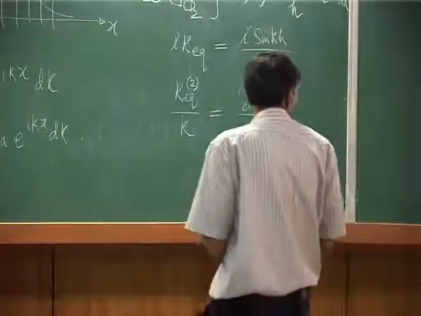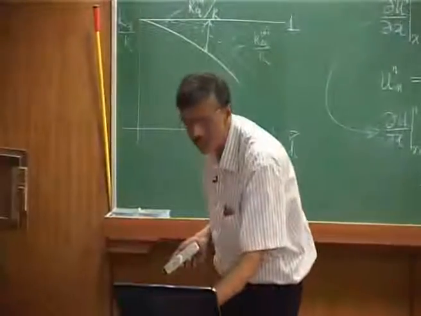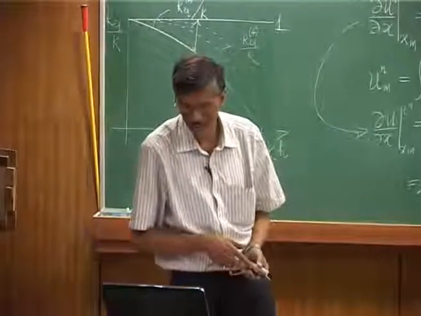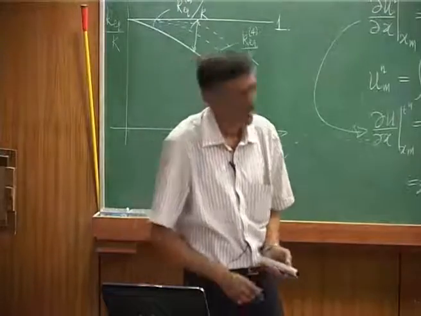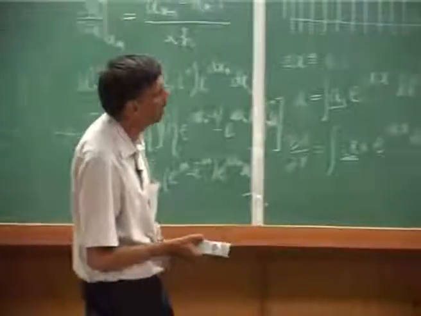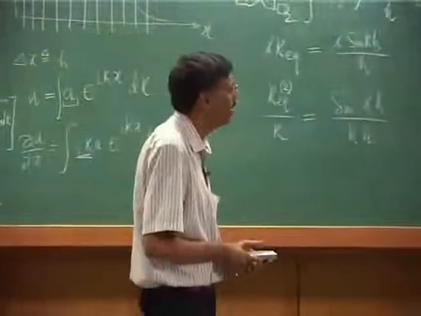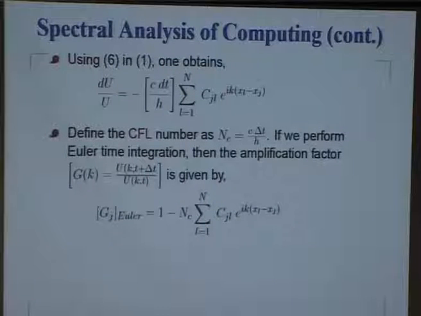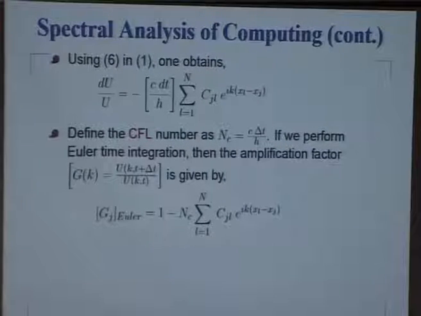So, if I have obtained this, and since we are trying to solve the convection equation, that derivative I have just written in terms of 1 upon h, c_jl, e to the power i k x_l minus j.